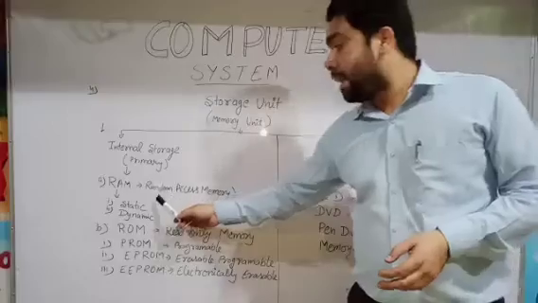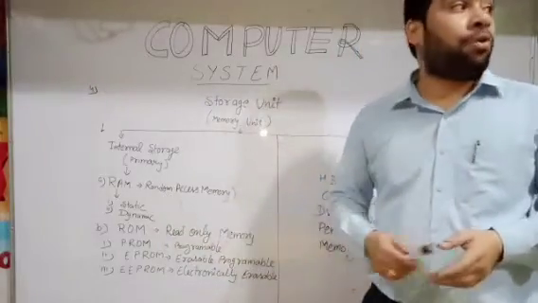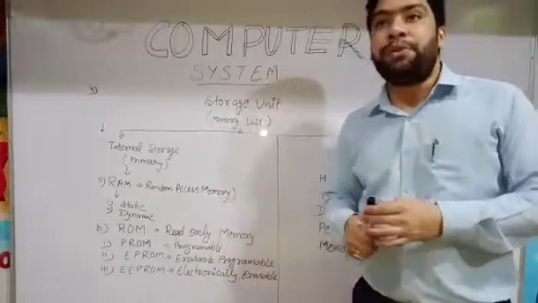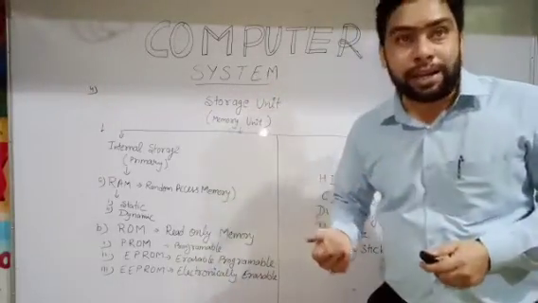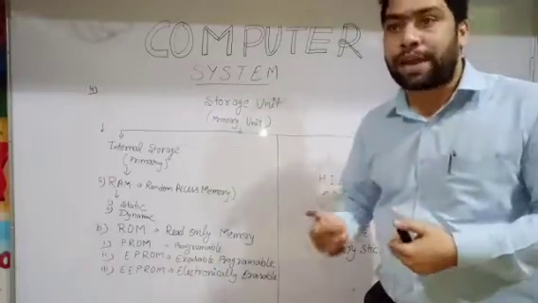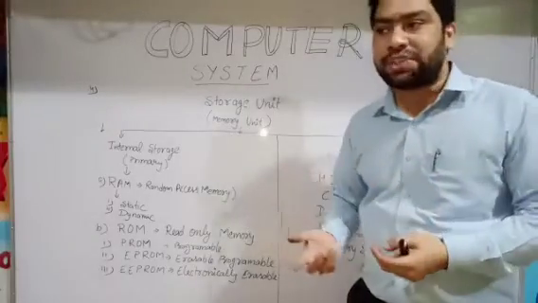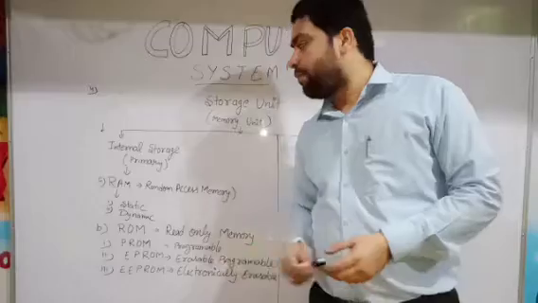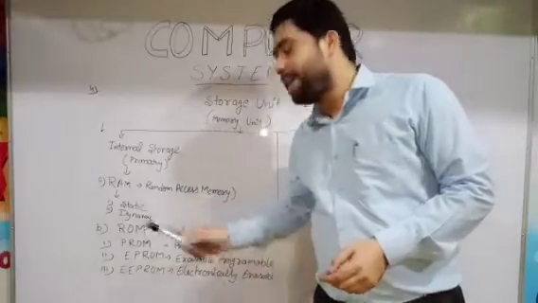That's why it's called random access memory. What does it mean? Random access memory means the memory which is volatile. After a certain period of time or after a certain action, the memory has to be changed. There are two types of RAM, static and dynamic.